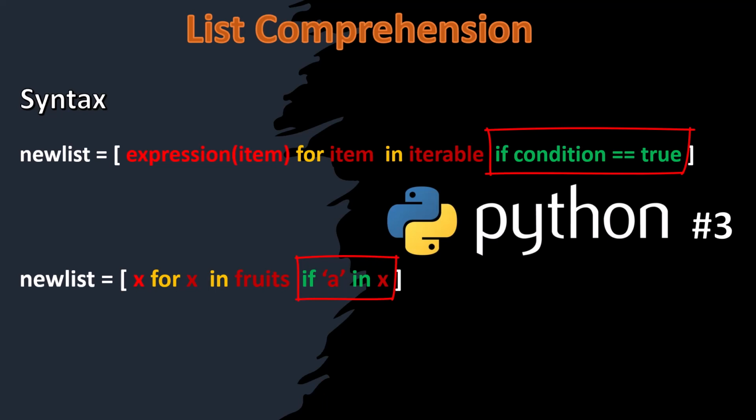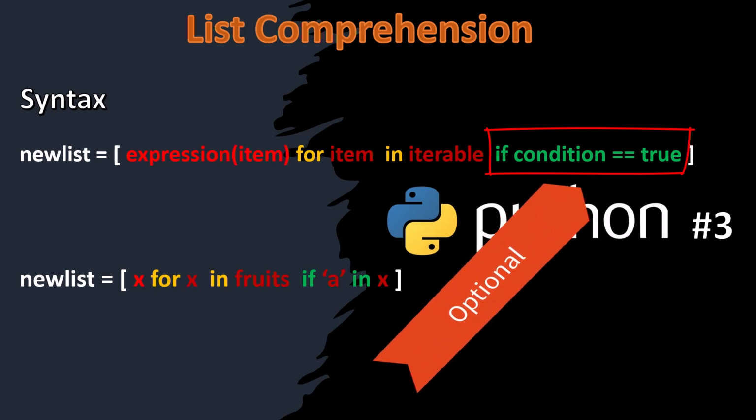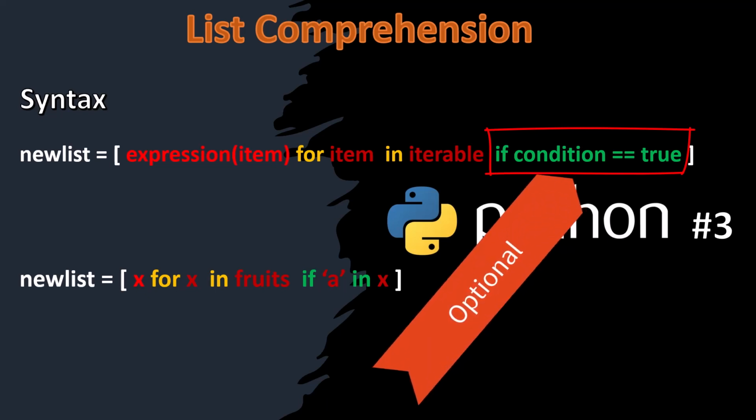So if the condition is satisfied, then only we will append the item x to new list. With this, I hope it's clear how list comprehension works, but I would like to mention one more point here. This condition checking is optional. This is not mandatory.